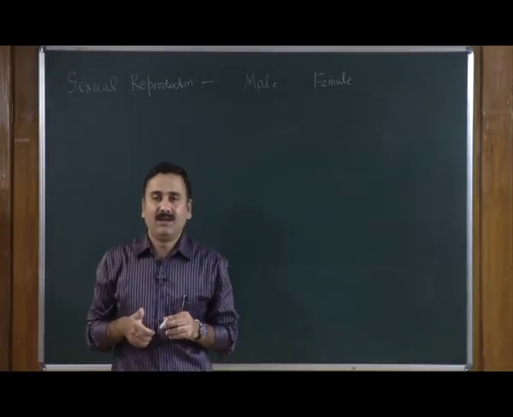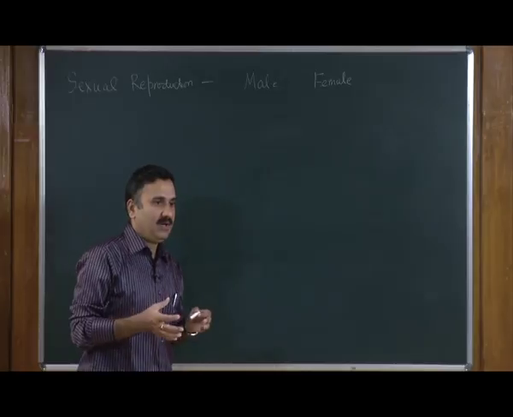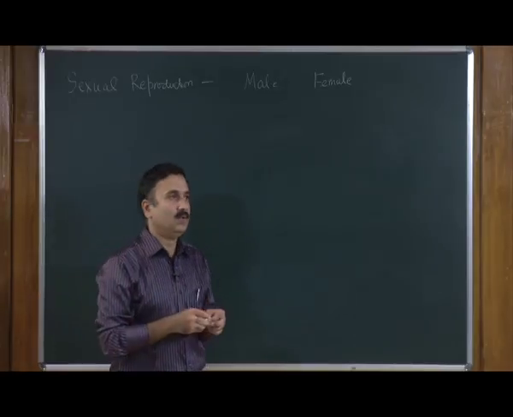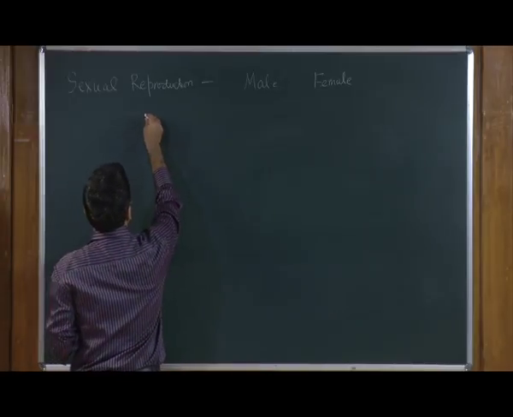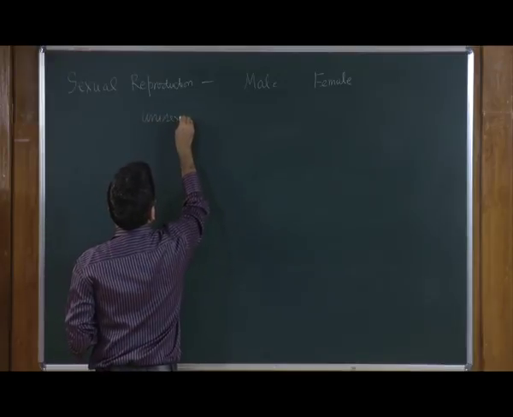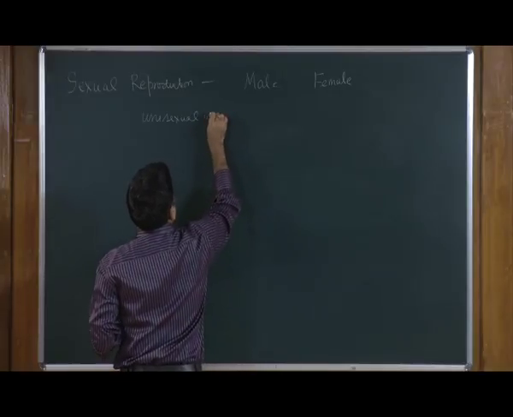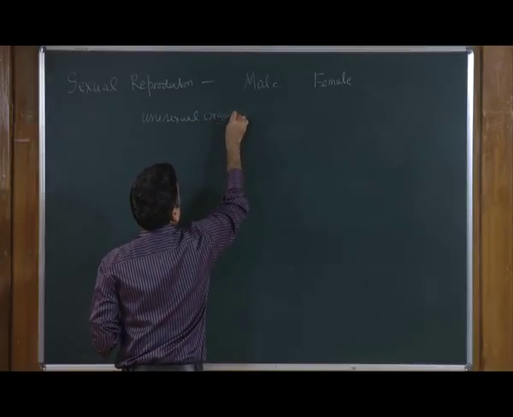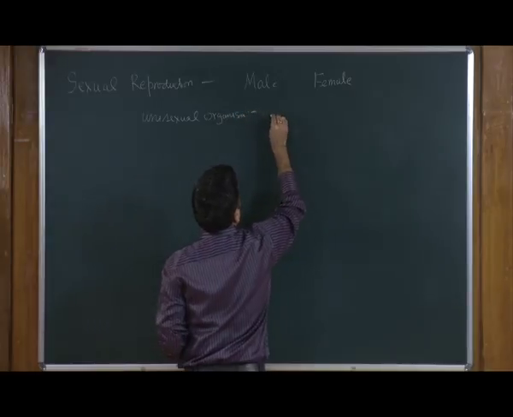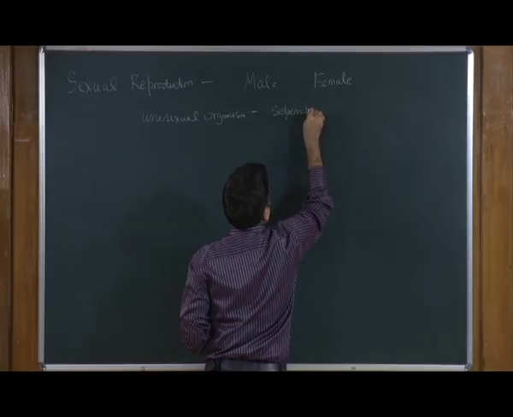In many cases these male and female are present in two different individuals, and those kinds of organisms are known as unisexual organisms, where you have separate male and female.